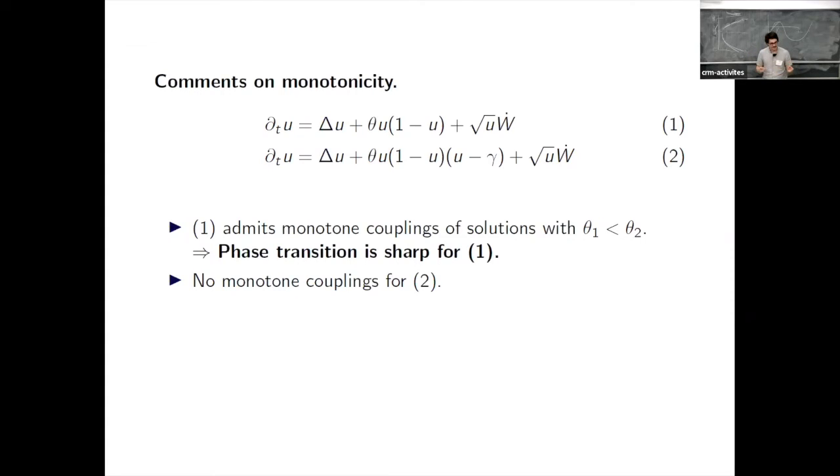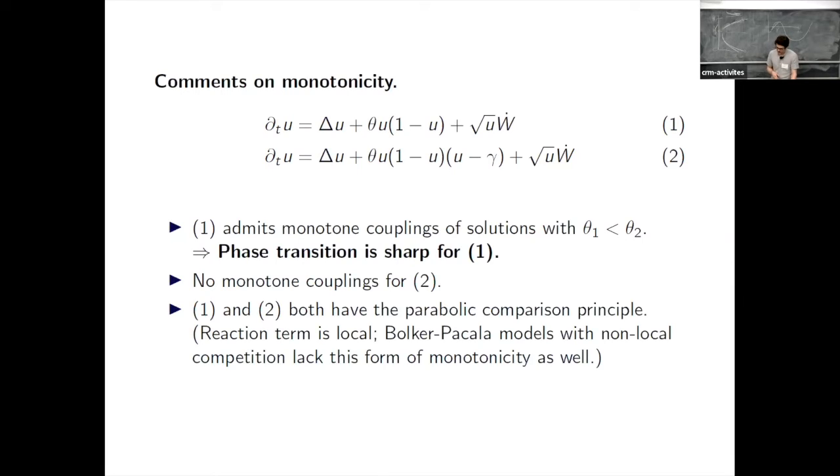Theta. Was I saying gamma? I meant theta. That's okay. Everything I just said, null and void, swap theta for gamma. Thank you. So the fact that you can't construct these monotone couplings then means that barring a novel technique, basically, we can't get sharpness for this phase transition.